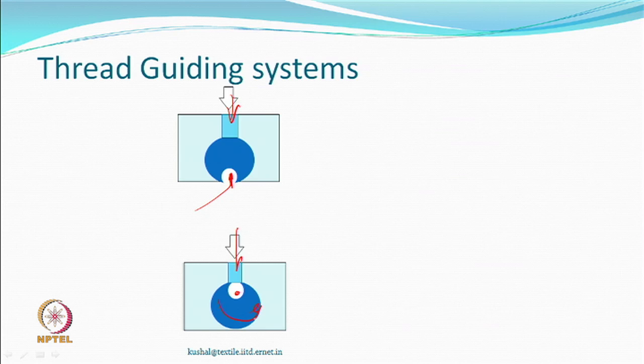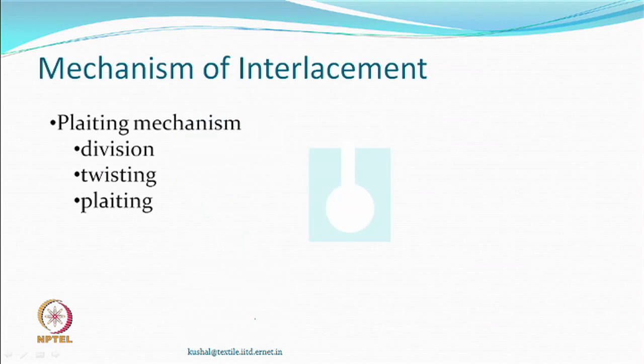After various kinds of designs were done, people were wanting to understand what would be the mechanism of interlacement. So, one of the mechanisms which they thought should work is called a plating mechanism. Plating mechanism means you divide the whole bundle into approximately 2 parts and separate them out, do a bit of twisting, and then bring them together.